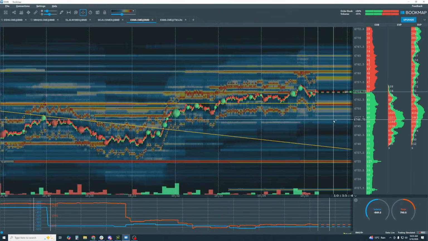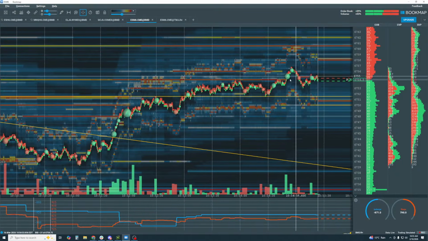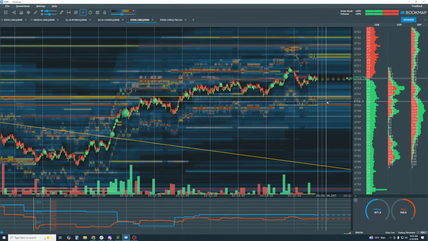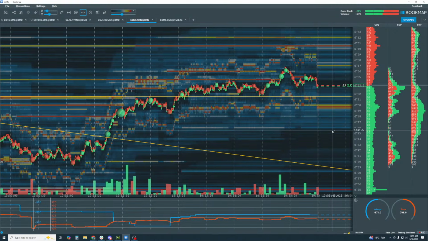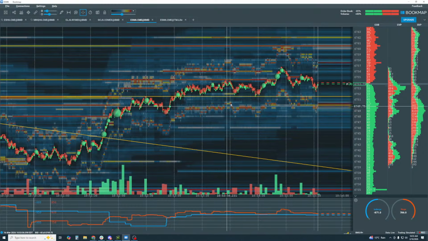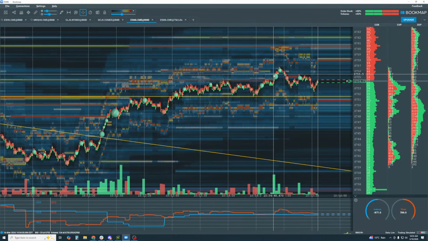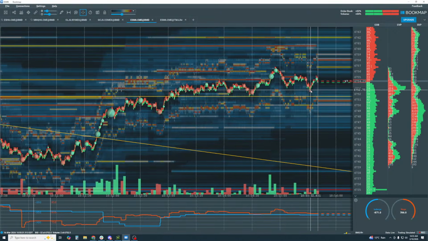Okay, now do we see more accumulation in here? Let's zoom in here and take a look. Some liquidity just got filled in here, but do we still see more buyers back up above? A little bit of back and forth here so far. There's still more buyers, definitely. That could even be a low volume pullback.